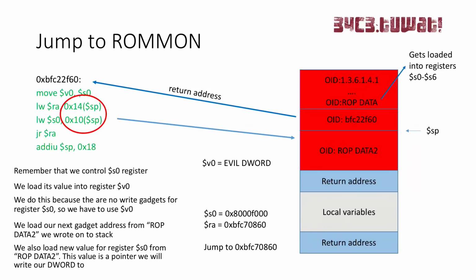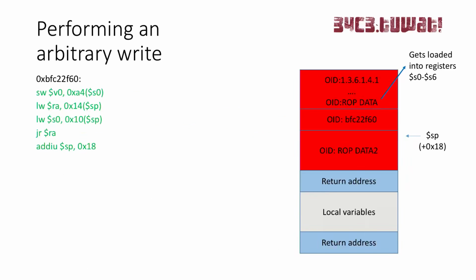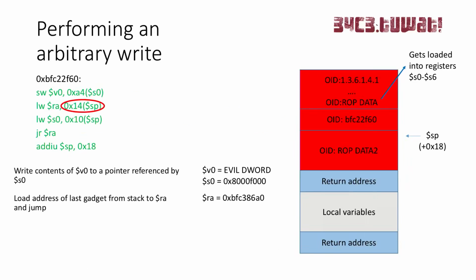So the final gadget that is performing the arbitrary write is the gadget that takes the value of register V0 and writes it to a pointer referenced by register S0. And the last thing it does, actually, is transfer the control back to the gadget which will recover the stack for us.